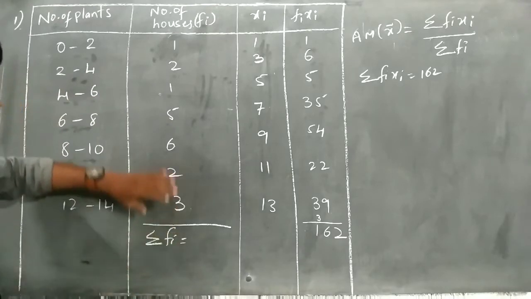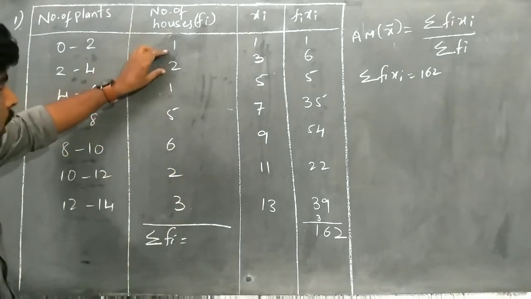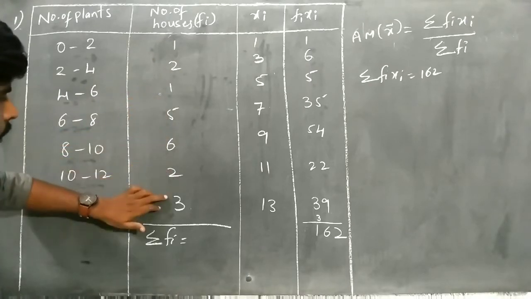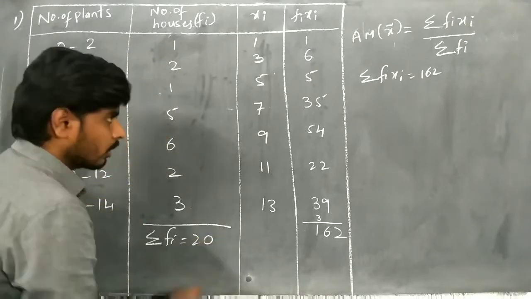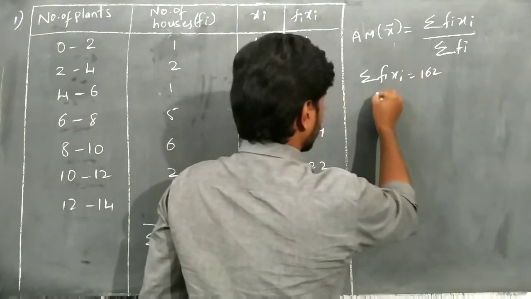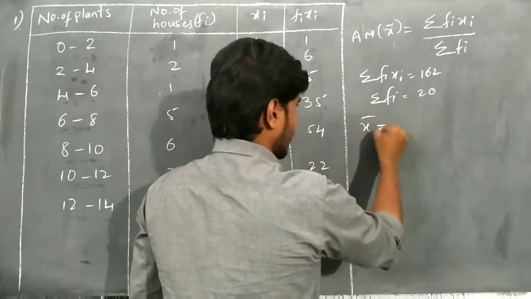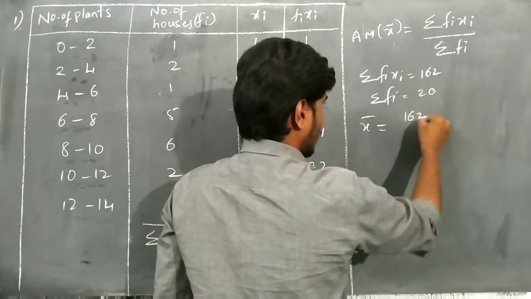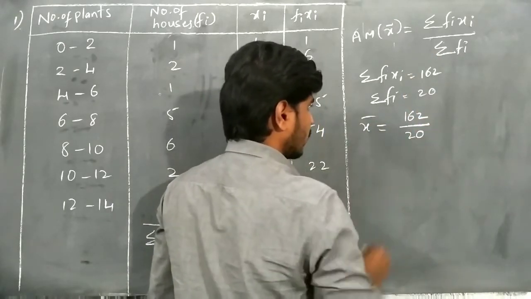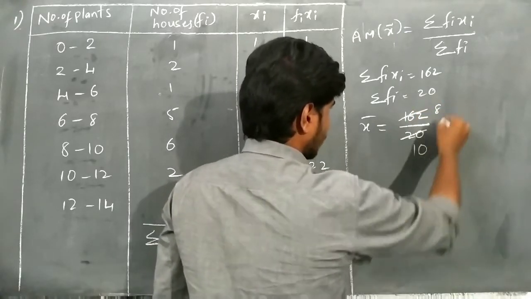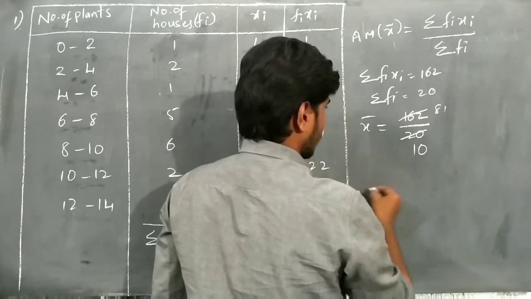Coming to here, the sum of all these: 3, 4, 10, 15, 20. Sigma Fi is 20. Substitute the values. X bar equals 162 by 20. So 162 by 20 is 8.1.